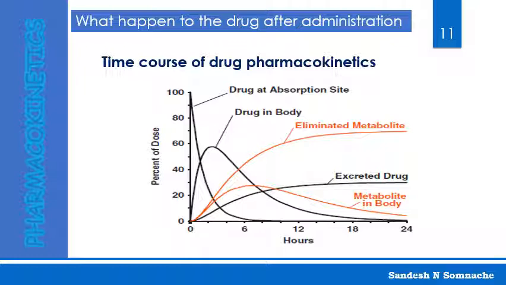As there is a rise in the amount, excretion goes on increasing. The amount of metabolites in the body is also proportionate to various factors like amount of drug and elimination of metabolites.